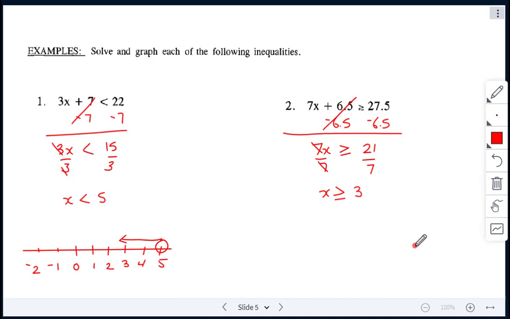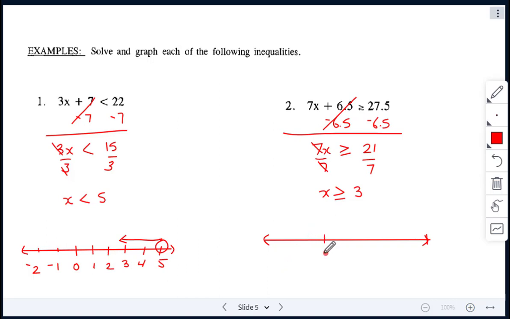Our last thing we have to do here is graph that. So set up the number line again. You can also put the arrows on the ends of the number lines because they go on forever.